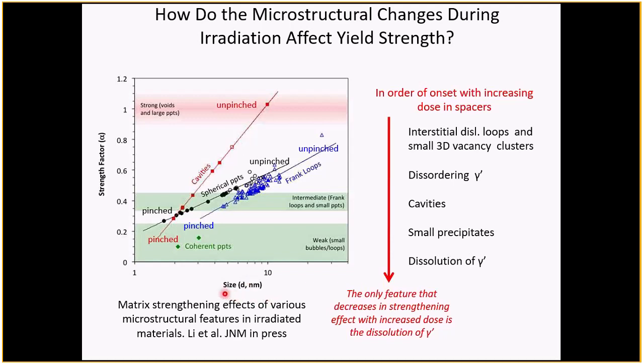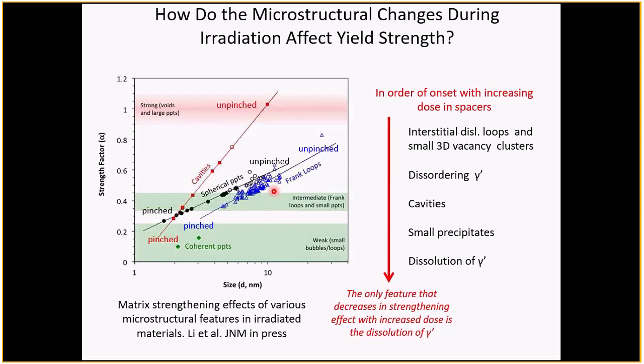This is more about simply the size effect of the precipitate. So when they're smaller, it's easier to cut through a spherical precipitate. It's easier to cut through cavities, loops and other things. And as they get larger, it becomes harder.